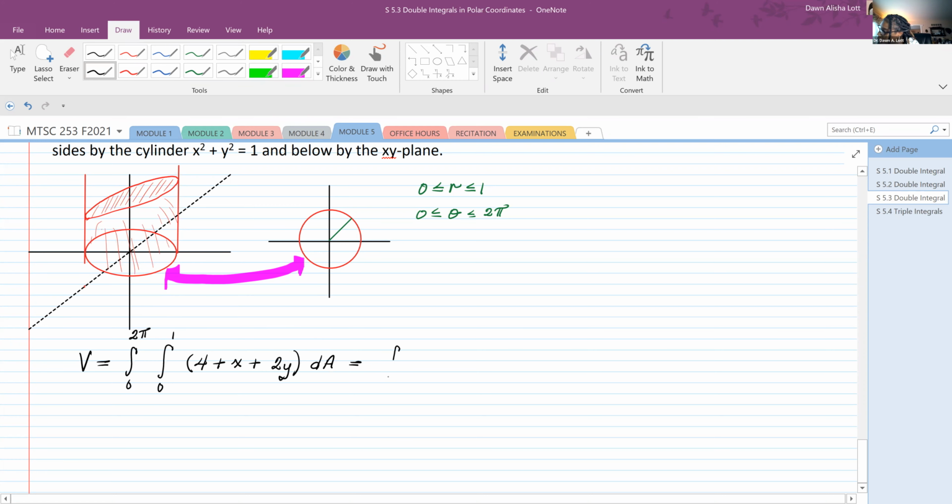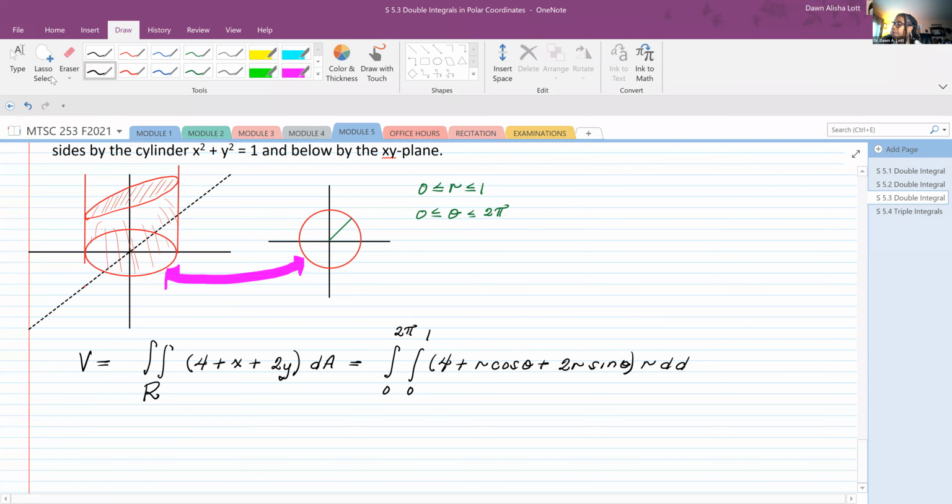So that becomes the integral from 0 to 2 pi, the integral from 0 to 1, and let me make that an R. Okay. So now I have 4 plus R cosine theta plus 2R sine theta, R dr d theta. Okay.